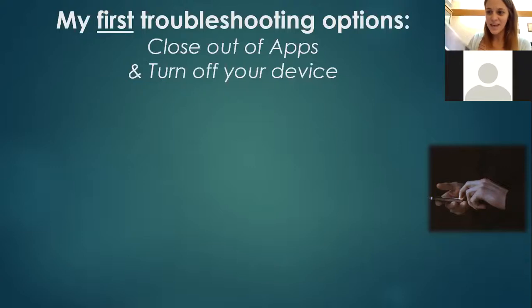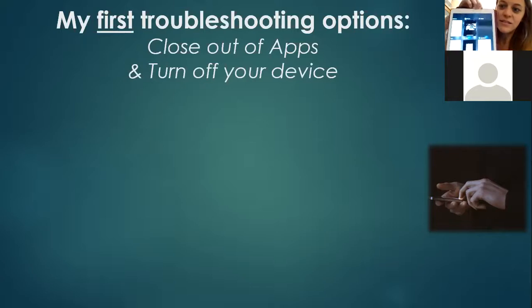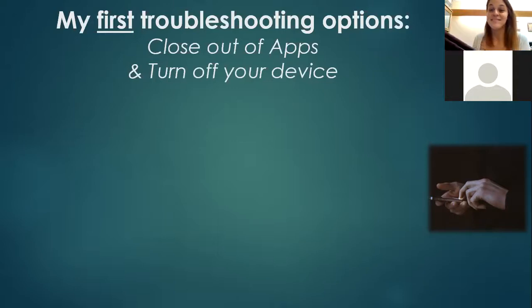That acts as the same function that I showed you on my iPhone. To open up your apps that you already have open, you double click this button. It looks a little different on the iPad, but basically you can swipe away the apps that you have open. This does not delete anything off of your device.